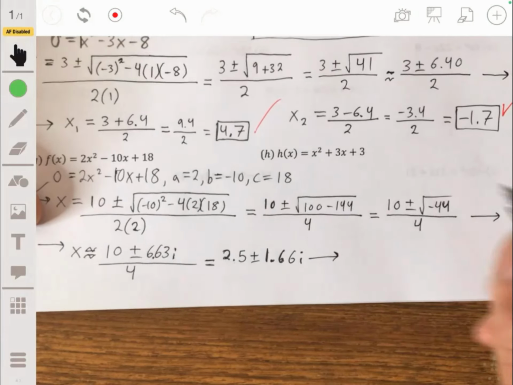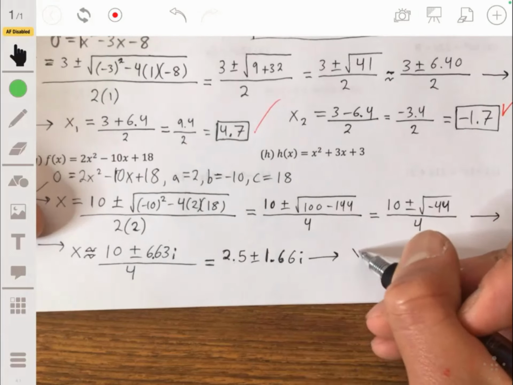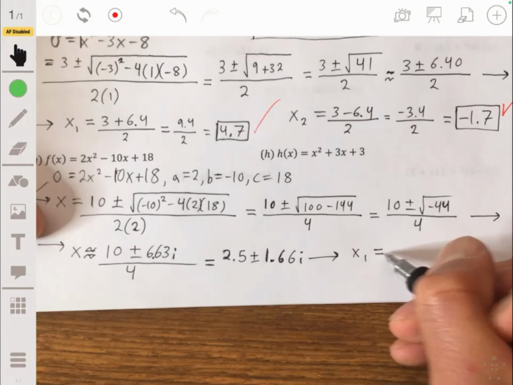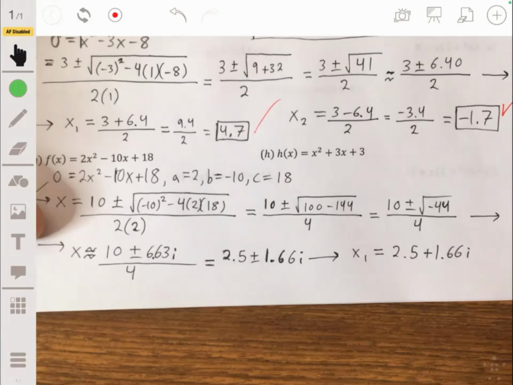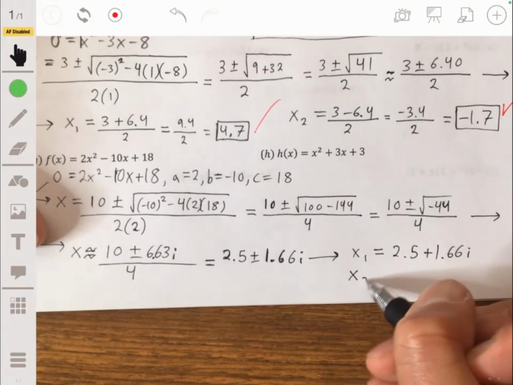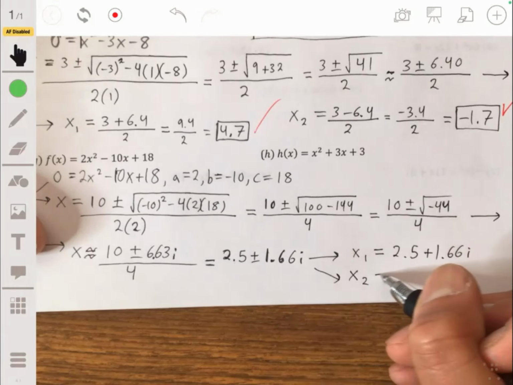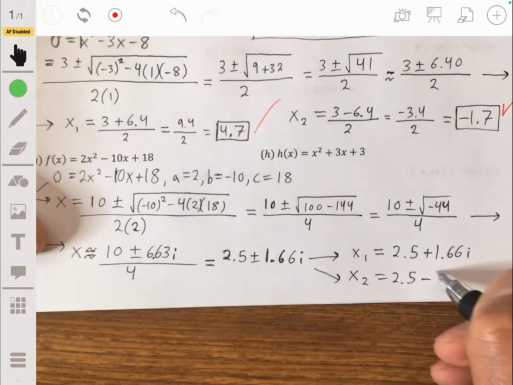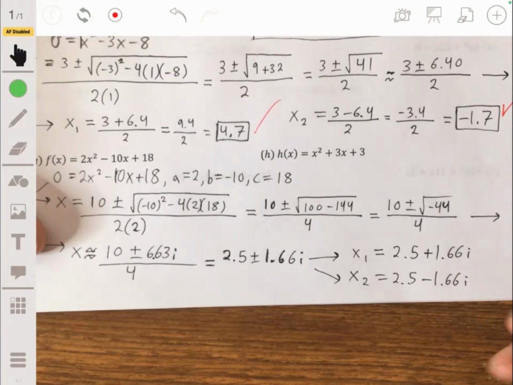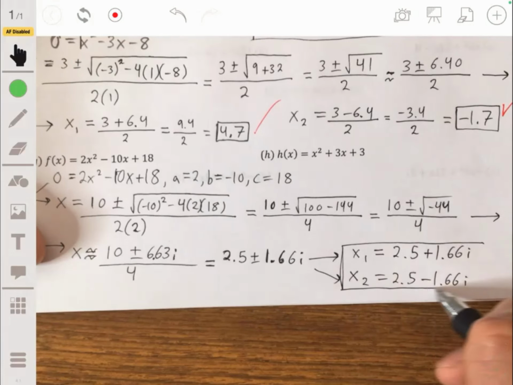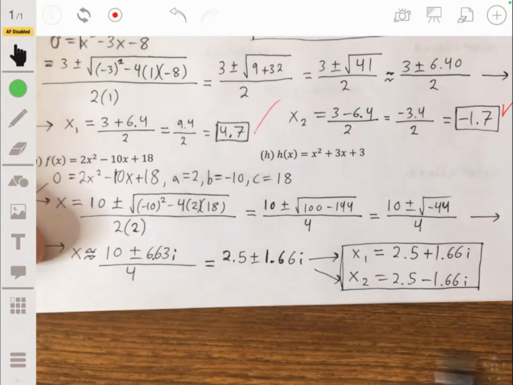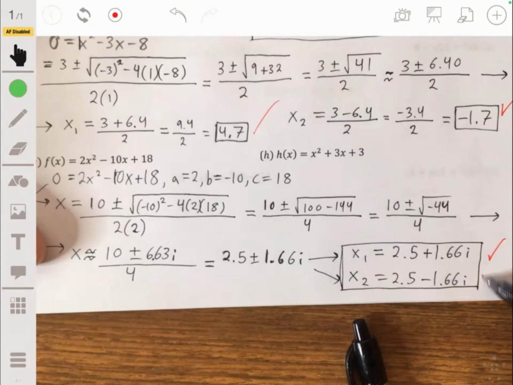Then our two answers: one where you add 1.66i, and the other where you subtract 1.66i. Again, don't combine them with a 2.5. Leave them separated. There you go.